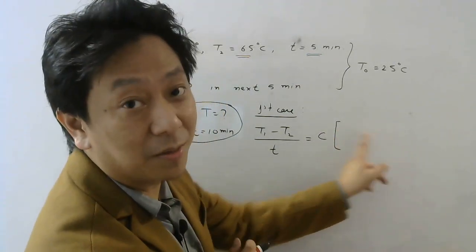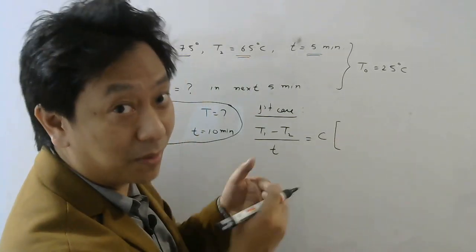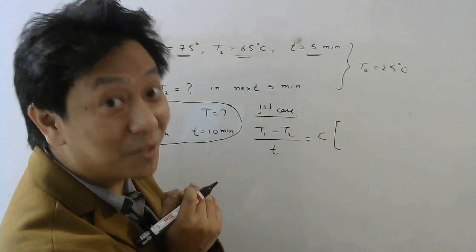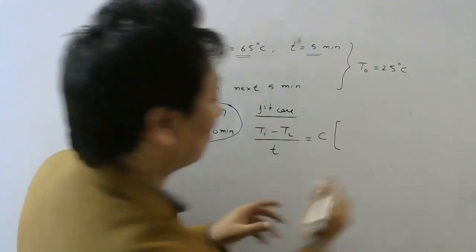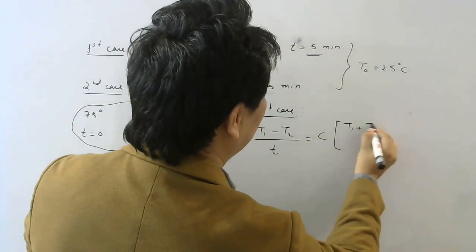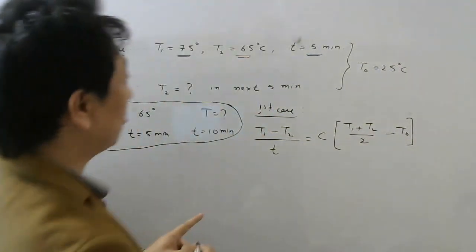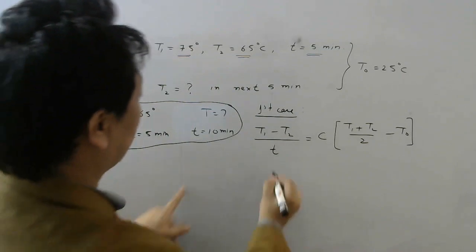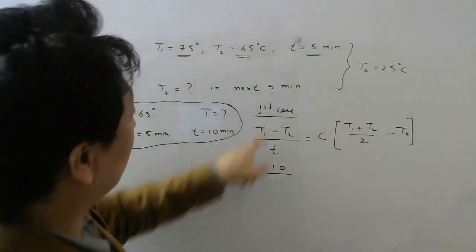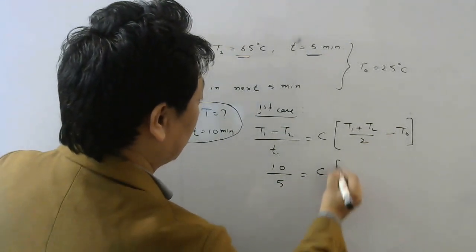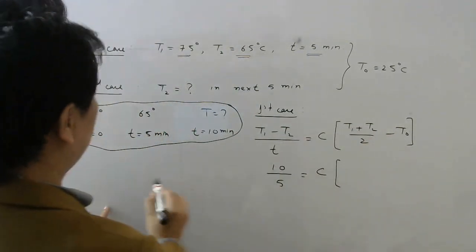Body and surrounding. But in this interval, temperature changes from T1 to T2. So which temperature to write? Average temperature, T1 plus T2 divided by 2 minus T0. So let's calculate this. 75 minus 65 will be 10. Time taken is 5 minutes, so let me write 5. Some constant, this will be 75 plus 65.